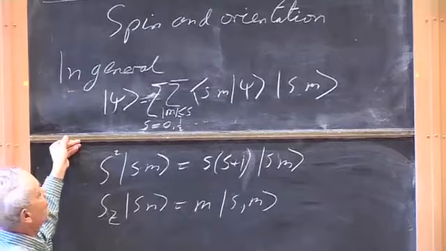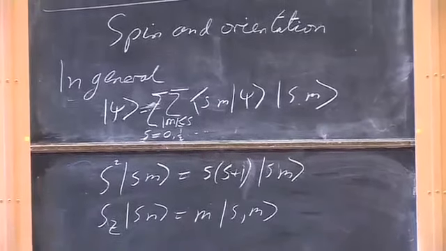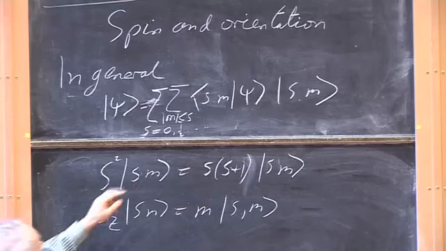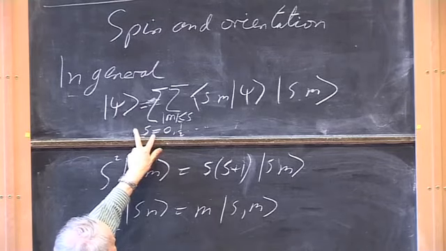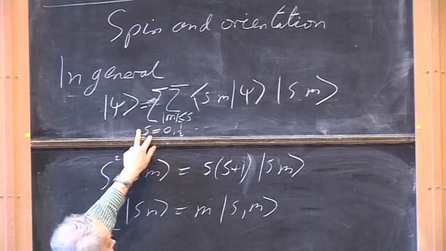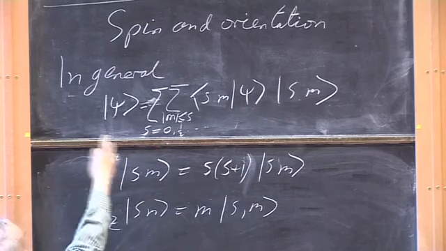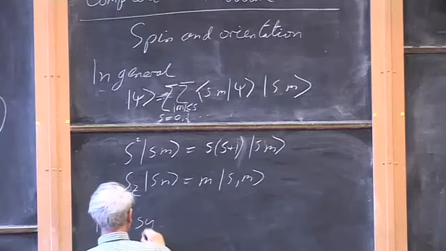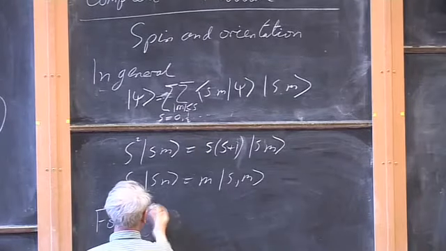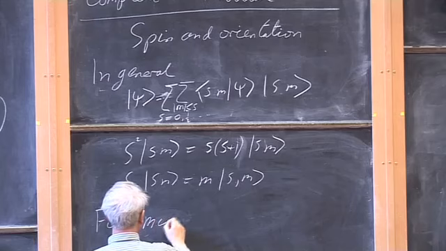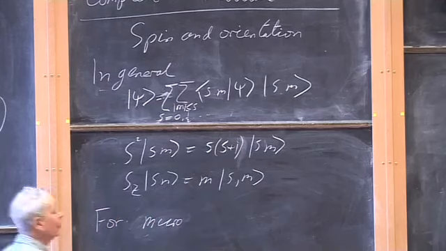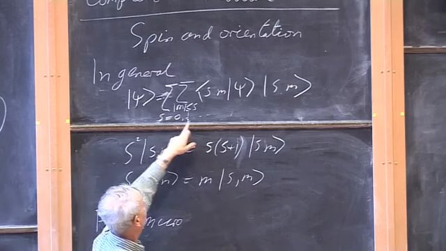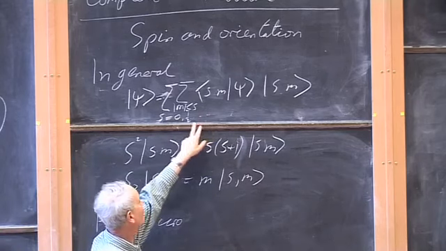But for the wave functions or the states of real occurring systems in the laboratory, the good news is there's only one value of s will occur in this sum. This would be generally the case, but for microscopic systems, this wouldn't be true. So if we were talking about a cricket ball, we would need to do a sum over all of these things, up to 10 to the 40 or something.